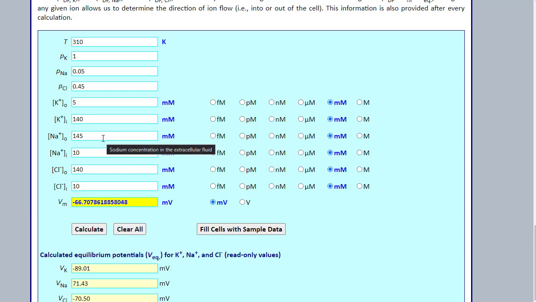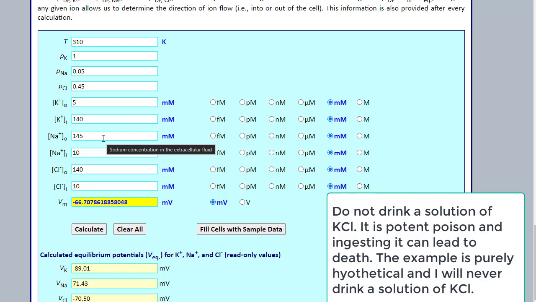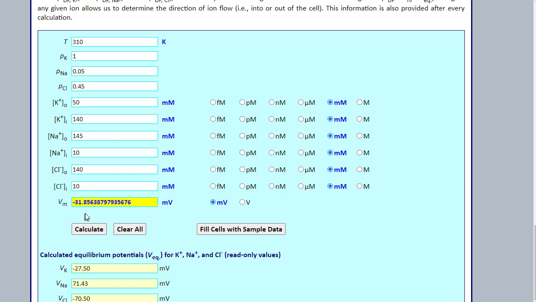Now, what will happen if I drank a bunch of potassium chloride and increased the extracellular concentration of potassium? I made it spike. So let's say I put a 0 here. See? The resting potential goes up to minus 31, right? And you can see that the equilibrium potential for potassium has gone to minus 27.5.